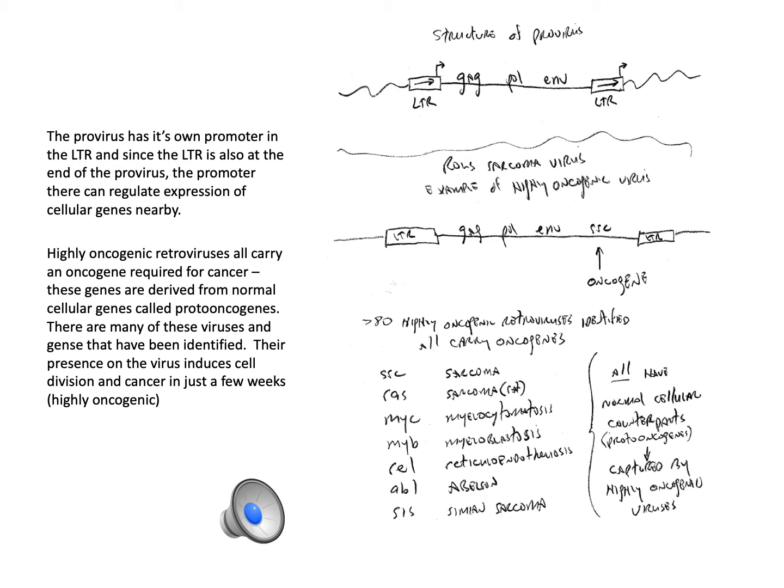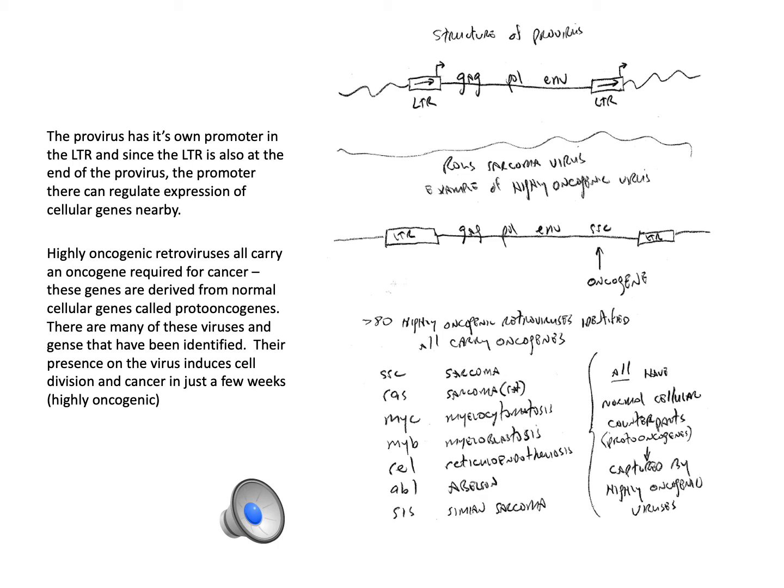Viruses infect the cells, and on some rare event, due to the fact that it integrates into the genome, it may have picked up the RAS gene, changed it, maybe mutated it, or altered its expression in some way, or the SARC gene.